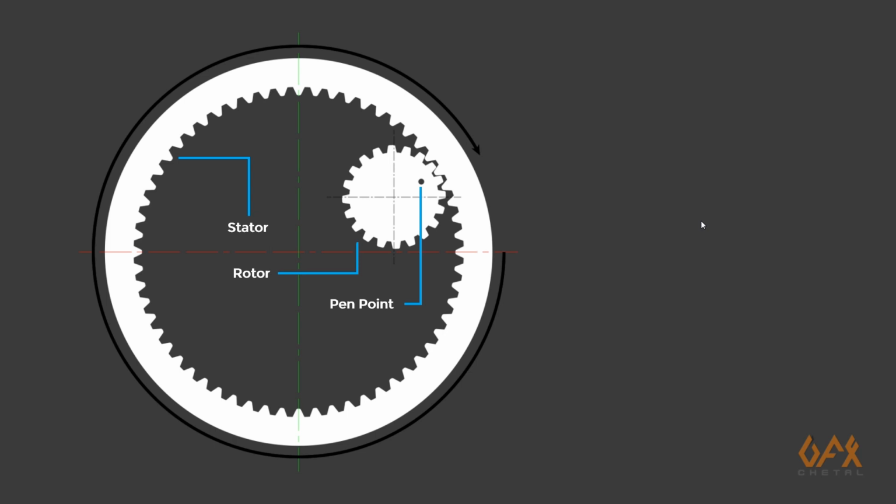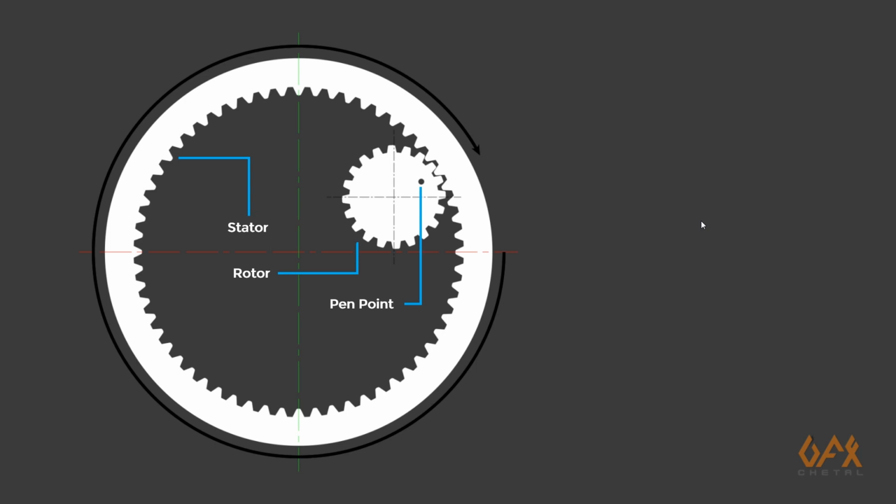Okay, so now we need to find the position of the pen point. I always believe that whenever you do this kind of thing, always find out what values you already have.